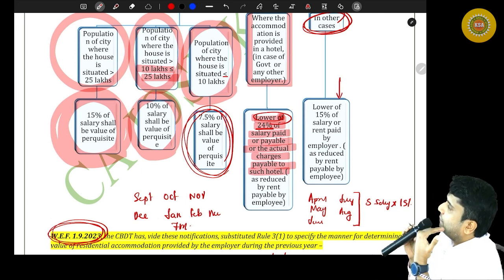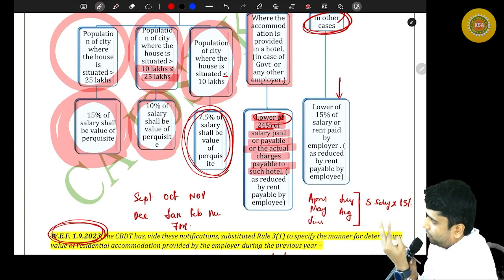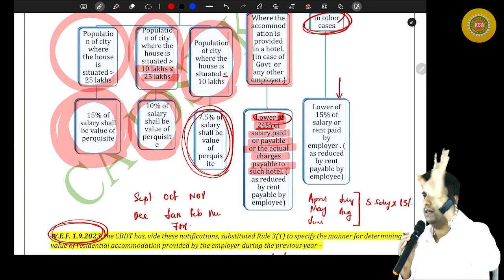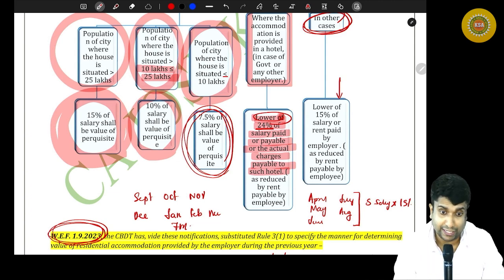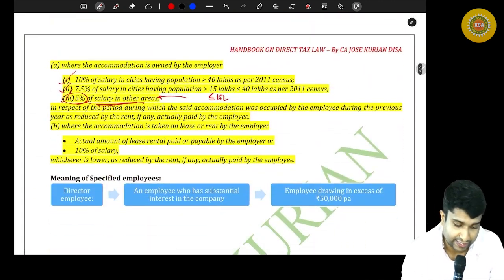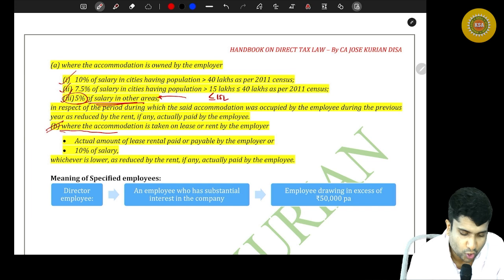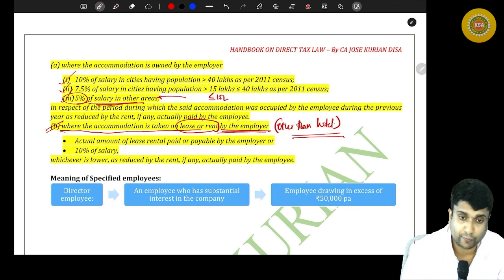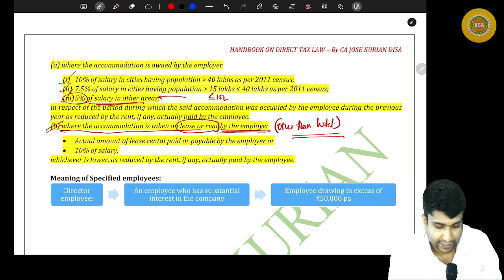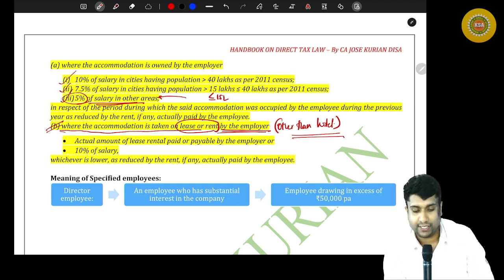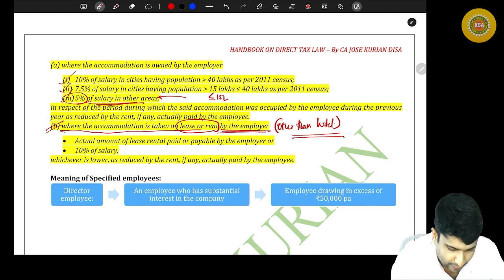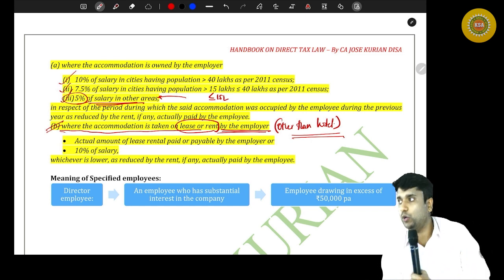Lower of 15% of the salary or rent paid by the employer, and you have to reduce the actual recovery from the employee. But there is an amendment also. What is that amendment? Read this part B. Where accommodation is taken on lease or rent by the employer, other than hotel, how do you value the perk?